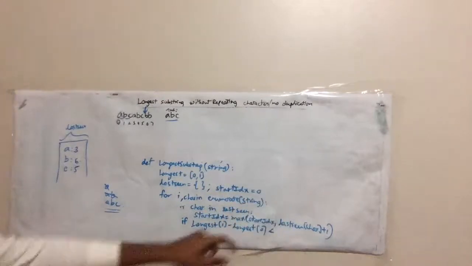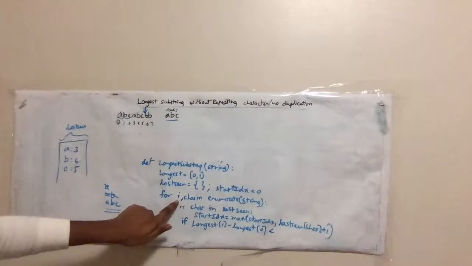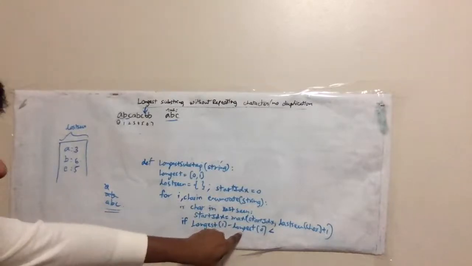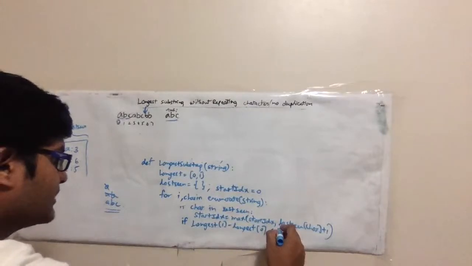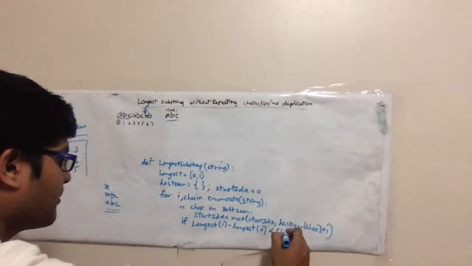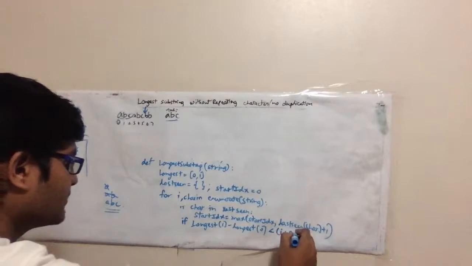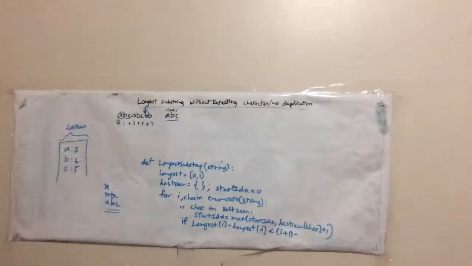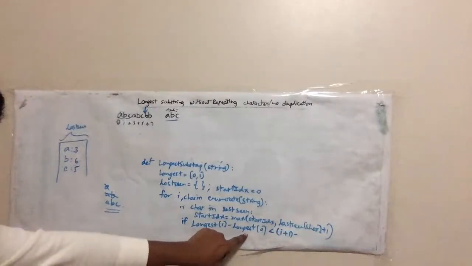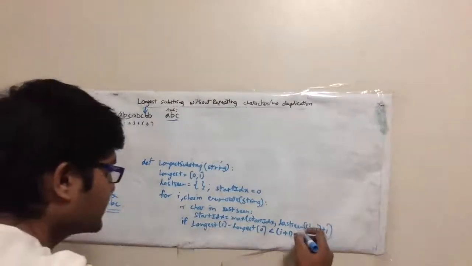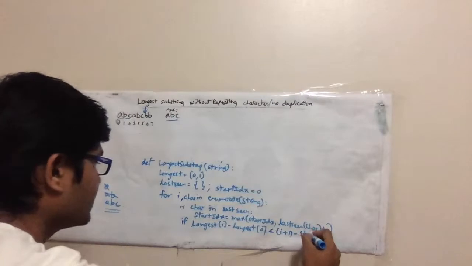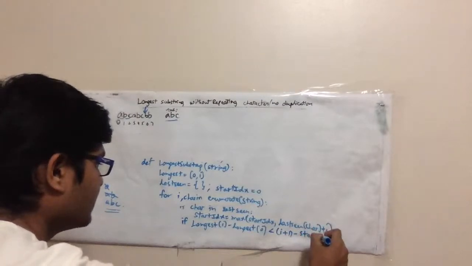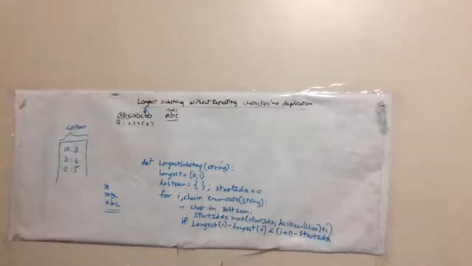When we enumerate it, we have got this I, this is the already existing length. We need to make that I plus 1 minus the initial starting index, which is the start index, which we started with 0.